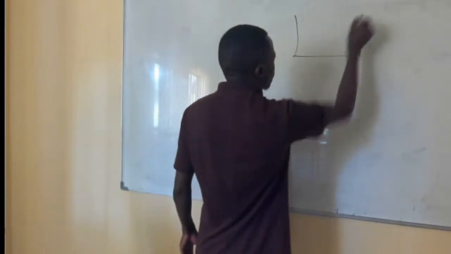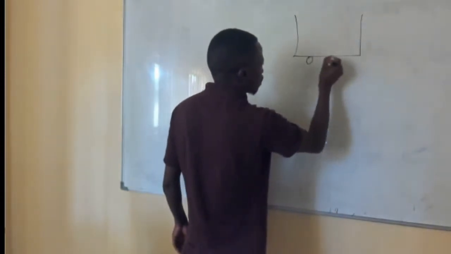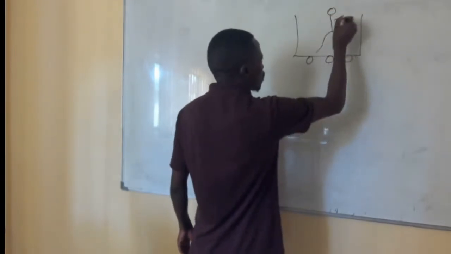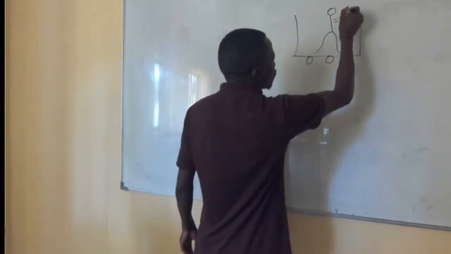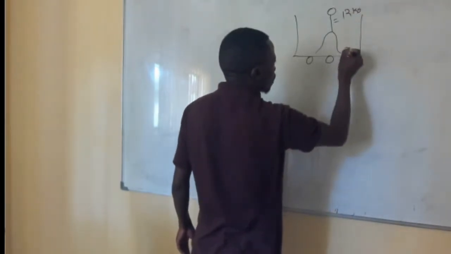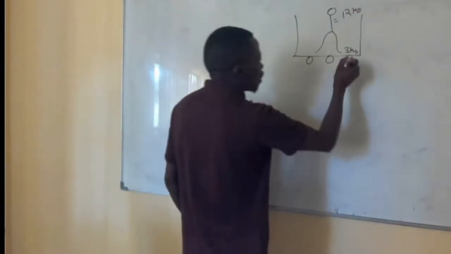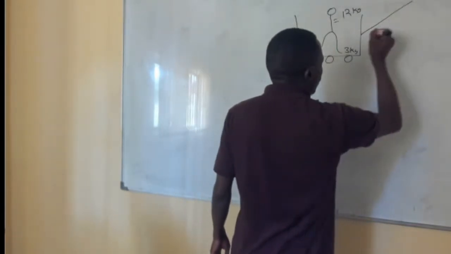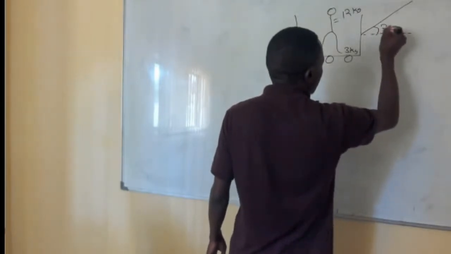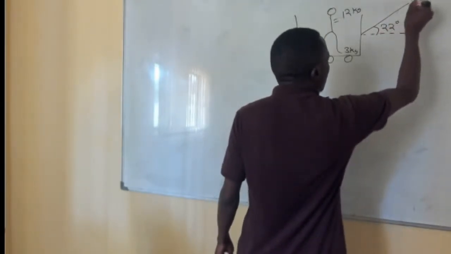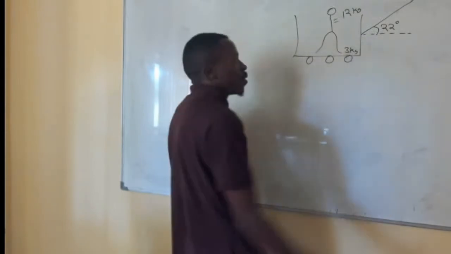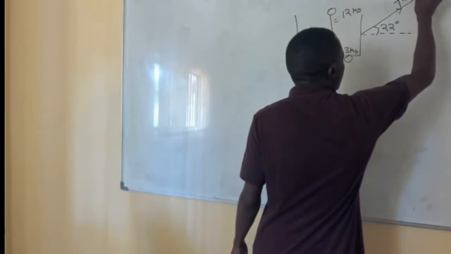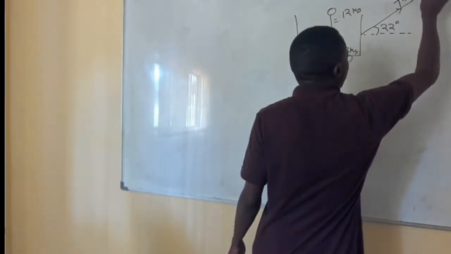So this is the wagon, and this is Leandro's sister, who weighs 12 kgs. The wagon is 3 kg itself. She's pulling the wagon at an angle with respect to the horizontal, which is 22 degrees. After measuring the tension in the rope, she realizes that the rope has tension equal to 40 newtons.